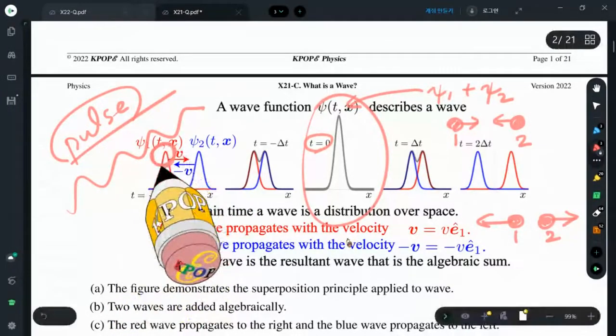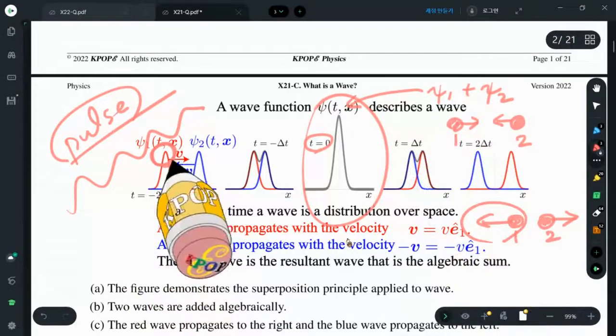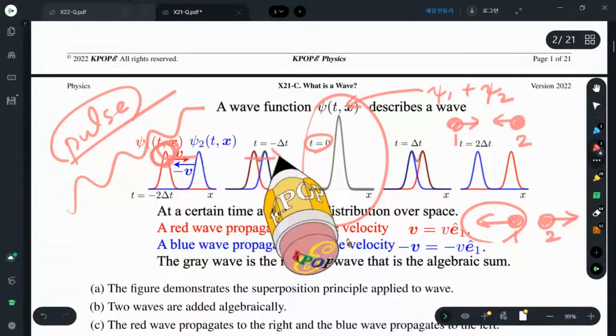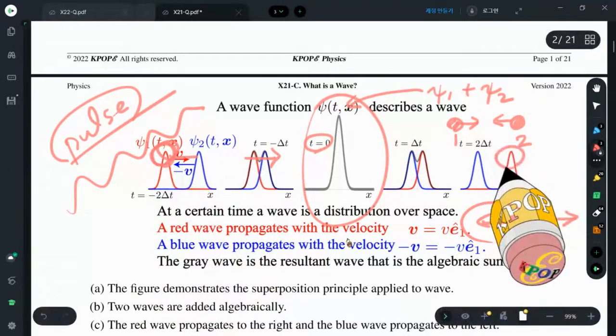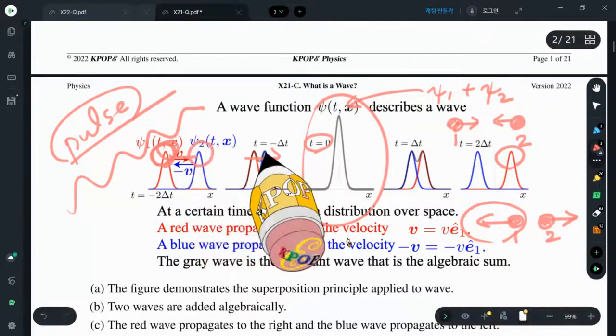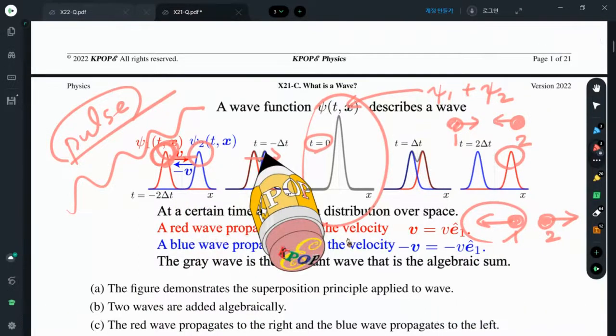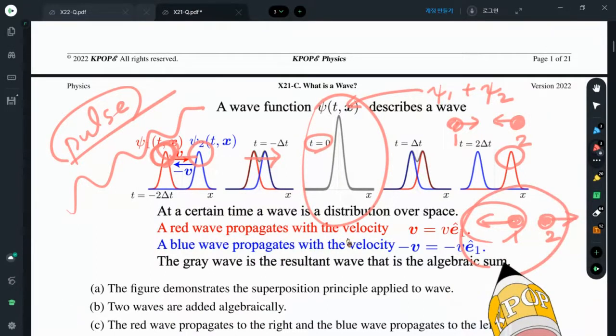So the red wave does not bounce back, it just travels forward with the same velocity, like that. And that is true for the blue wave too. So particle nature and wave nature are absolutely different.